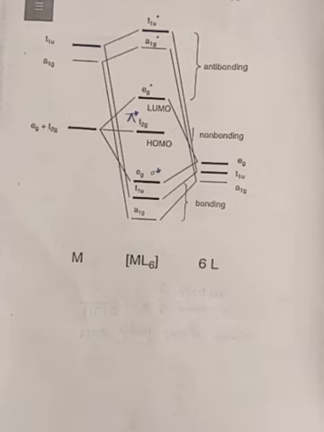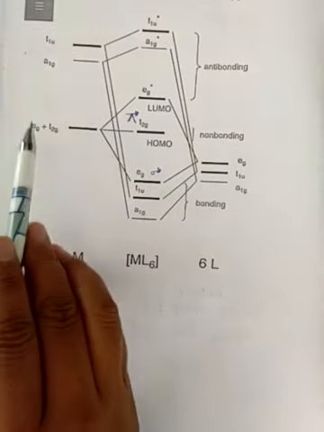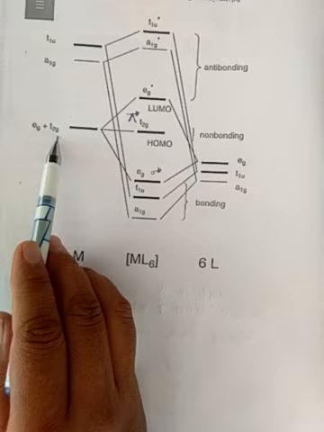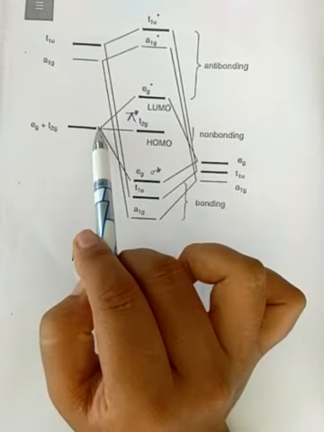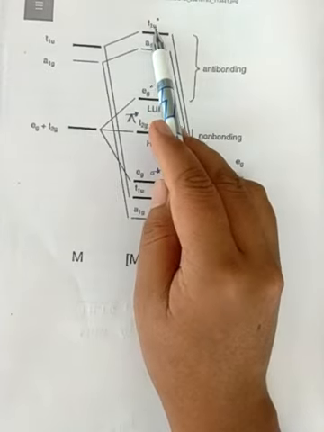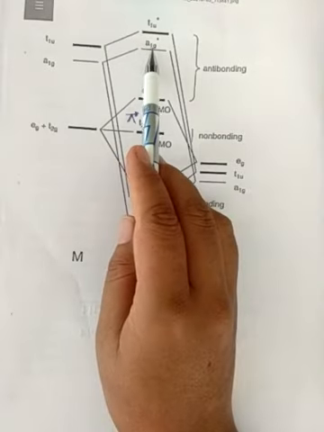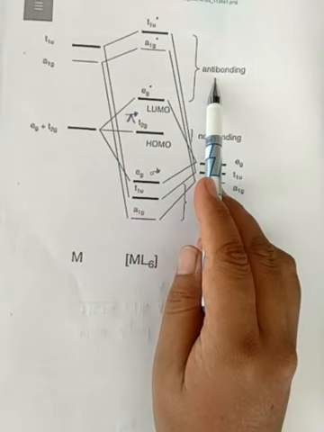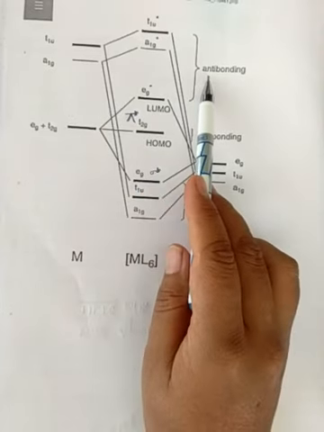And again I took A1G, again Eg plus T2G, isn't it? And here they have told about the splitting, how they split. Here we took T1U star, meaning antibonding, A1G star, meaning antibonding, and Eg star, meaning antibonding.